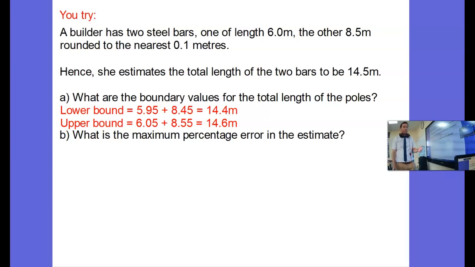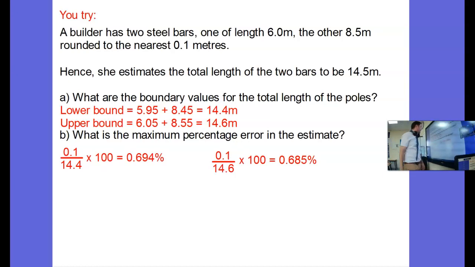For the maximum percentage error in that estimate, we've got to work out the percentage error when we use the lower bound. So you do 14.5 minus 14.4 divided by what we're assuming to be the exact value.